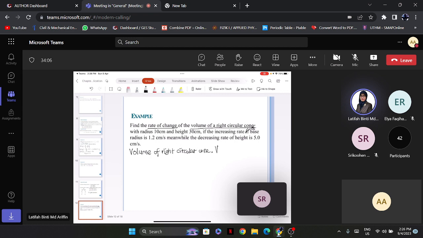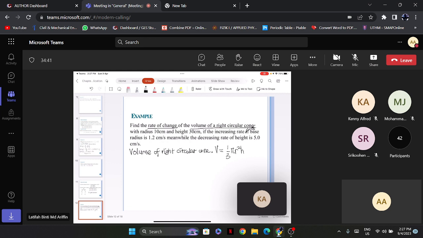V equals? One third pi r squared h. So the formula for the volume of a right circular cone is given by 1/3 πr²h.